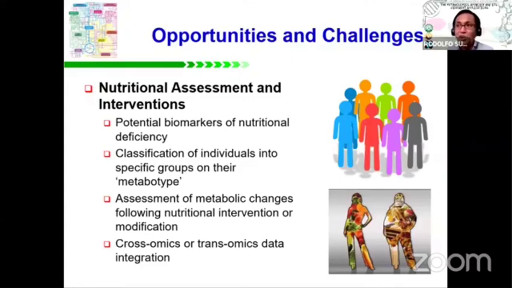So if you have certain genotypes that could potentially lead to a dysfunction in the metabolite makeup of an organism, then you can actually do metabotyping of individuals or populations. And lastly, assessment of metabolic changes following nutritional intervention or modification, and integrative approaches in understanding disease pathophysiology that require genomics, transcriptomics, proteomics, and metabolomic data.